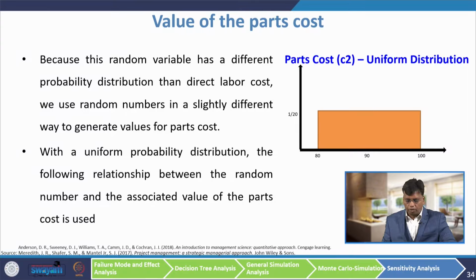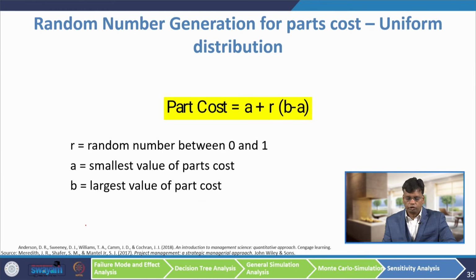With a uniform probability distribution, the following relationship between the random number and the associated value of the part cost is used. What is that relationship? The part cost is A plus R multiplied by B minus A. What is the A here? A is the smallest value of the part cost, B is the largest value of the part cost, and R is the random number between 0 and 1.